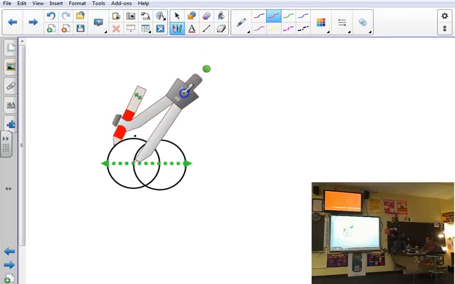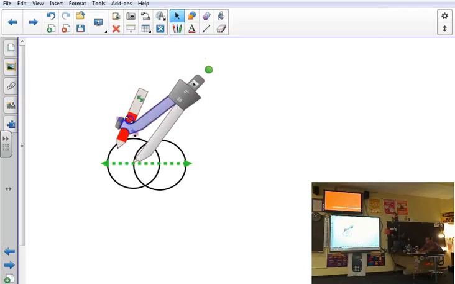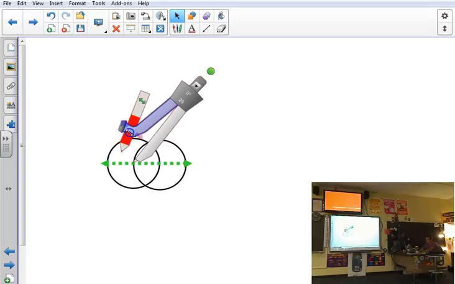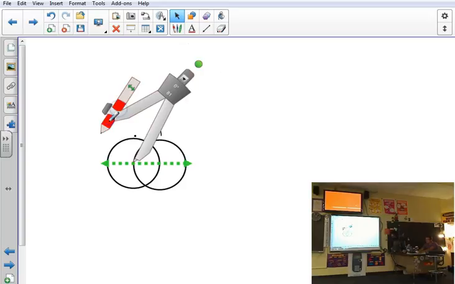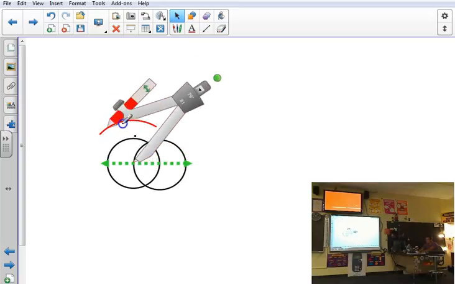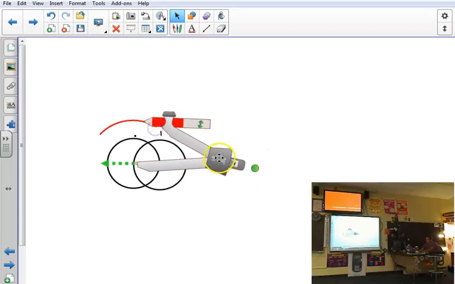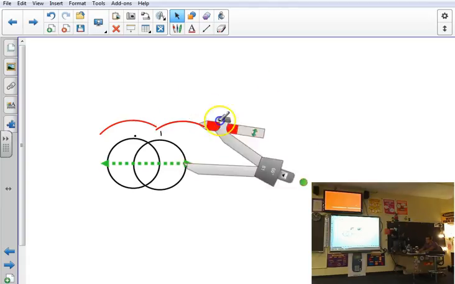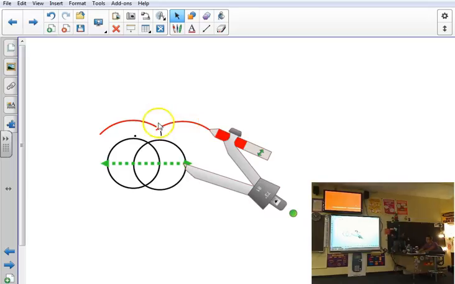If I start on this line and open up a gap, let's say I make a bigger gap. At the top of that arc, then if I move over, still on my bottom line, at the top of that arc, there's a point at the top and a point at the top. If you draw a straight line through them, that should be parallel.